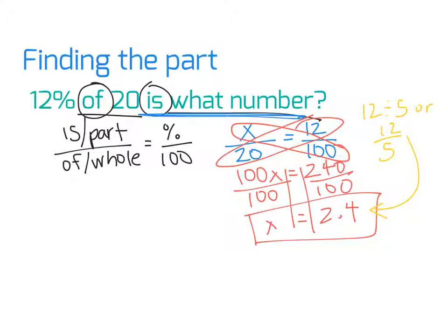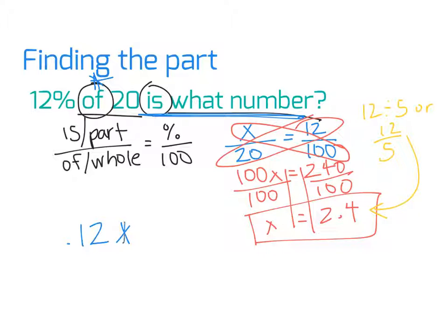If you wanted to set this up as an equation, remember we're going to use those keywords of "is" and "of." And we're going to take our percent and change it into either a decimal or a fraction. I'm going to go ahead and change this into a decimal. So 12% as a decimal would be 0.12. Remember, "of" symbolizes multiplication.